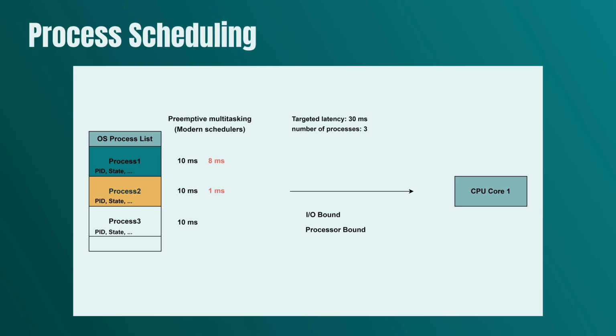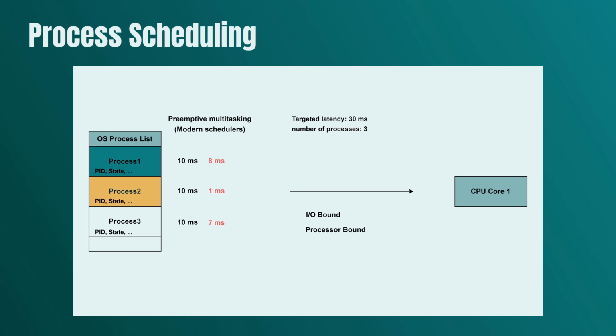Suppose process 3 has used 7 milliseconds of its allocated CPU time when the I/O operation that process 2 was waiting for completes. Since process 2 has only used 1 millisecond of its allocated CPU time, the scheduler will choose process 2 to execute next. This allows process 2 to immediately respond to the completed I/O operation without waiting for process 3 and process 1 to finish their turns, as would happen in a round-robin approach.